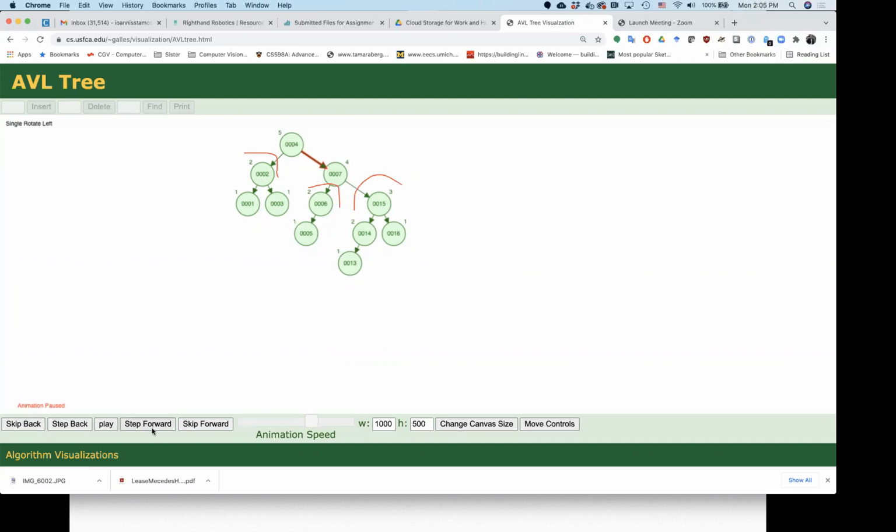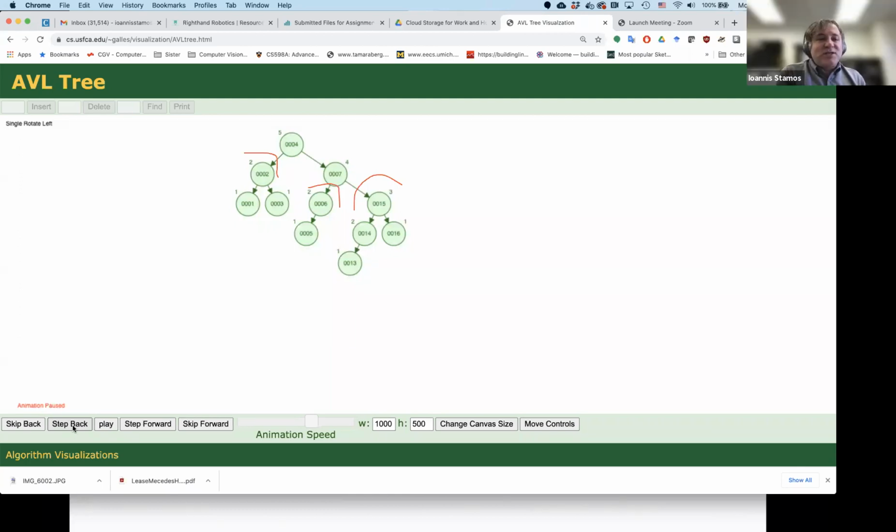I'm sorry, could you go back? I'll go back. So it's a single rotation because we went right twice, to 7, then to 15. This is the tree before the rotations.